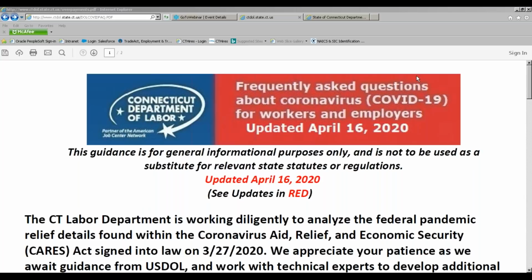Again, and I know we're saying this a lot, but at this time they are closed, and our understanding is that once they are opened and you are required to attend a required event at the American Job Centers, and you are uncomfortable, we would have to look at that on a case-by-case basis.